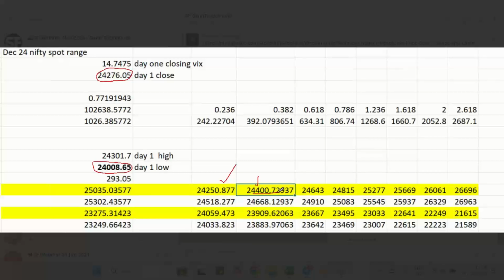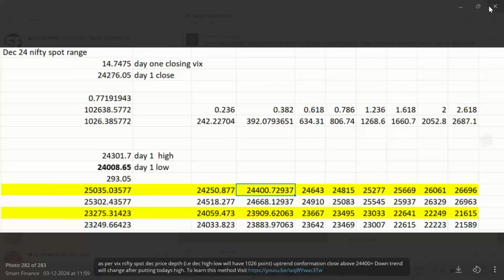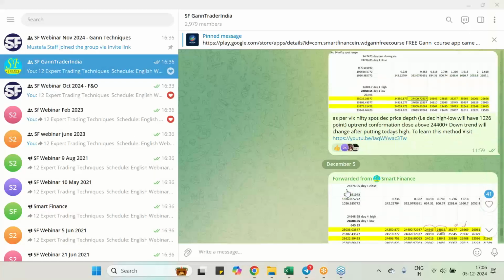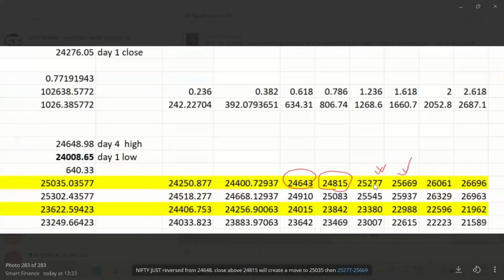Above 24,400 it will confirm the uptrend. Then it will move to the higher orbit, and the depth for the month will be 1027 points. This is what I mentioned at the end of the first trading day of December. Today also I have allotted.